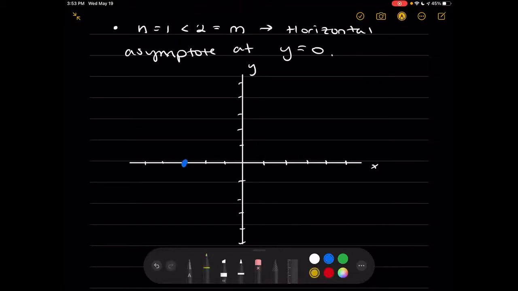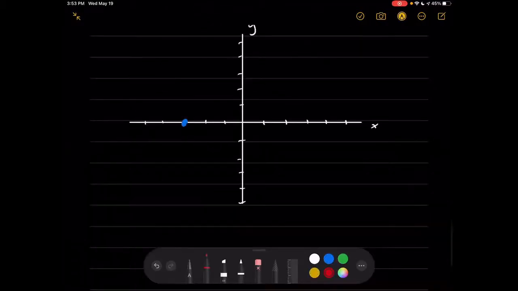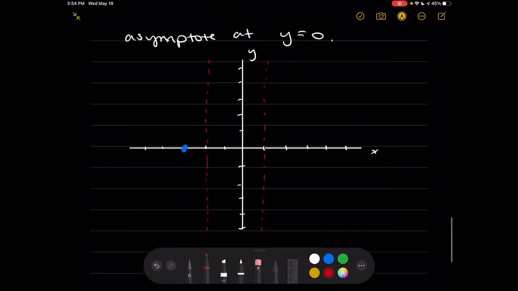And then we said we have vertical asymptotes at x equals -2 and x equals 1. So x equals -2 is this right here, and x equals 1 is this. And then lastly, we do have a horizontal asymptote on the x-axis. We'll just denote that right there so we don't forget about it.